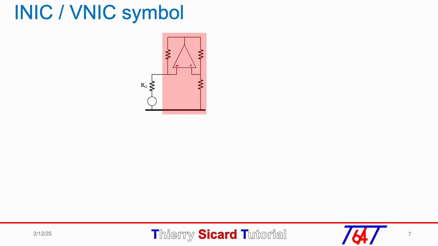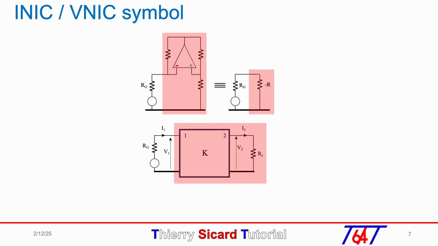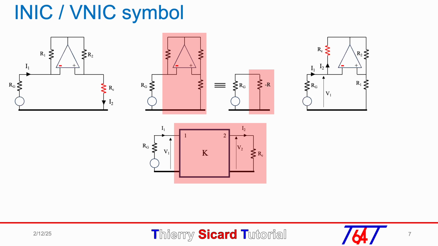The schematic with 3 resistors is equivalent to a negative resistor minus R. The NIC symbol is shown below with a K factor. The NIC connected to the resistor Rc is equivalent to a negative resistor on input 1. So the NIC symbol does not include the converted resistor Rc.